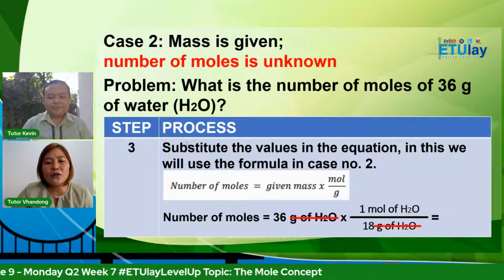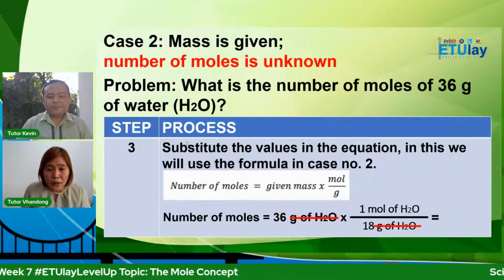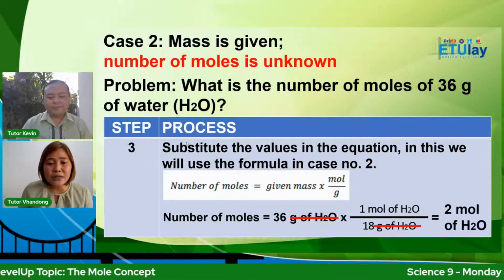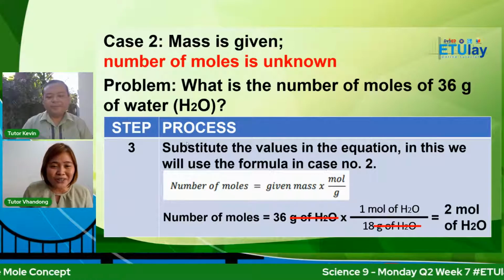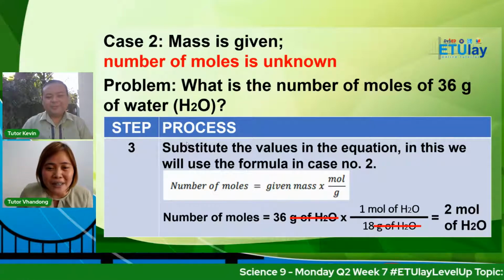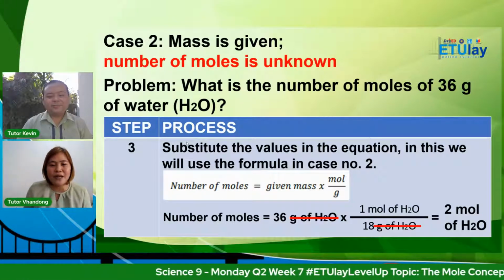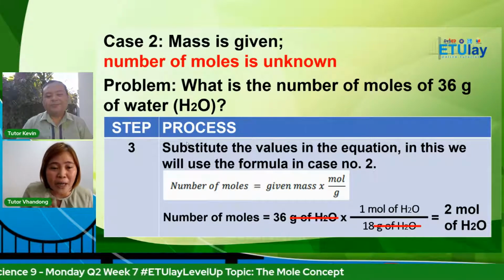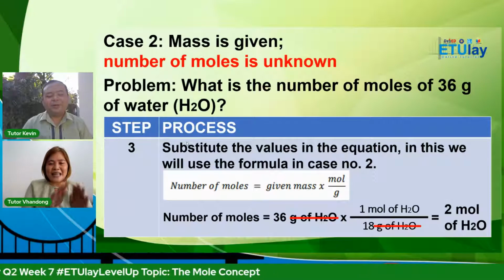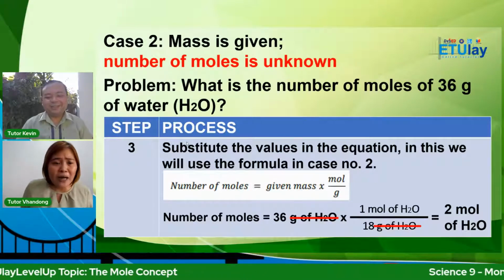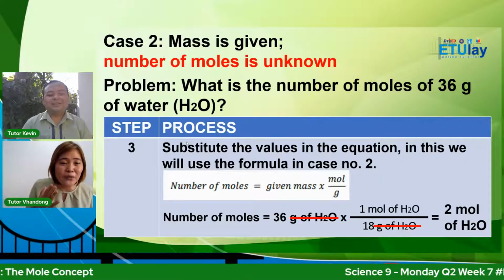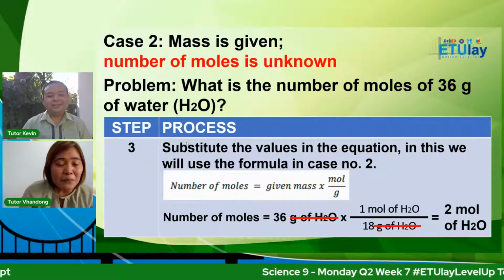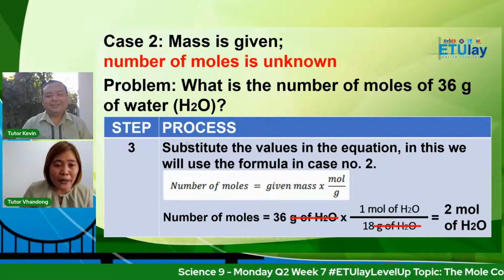So para matira yung hinahanap natin na mole, the correct answer to this is 2 moles of water, Tutor Kevin. If we divide 36 by 18, that is 2 moles of water. The remaining unit is mole. Mahalaga yung cancel para alam ng mga bata kung ano yung natitirang unit at alam nila dahil nakalagay naman dyan, ano yung unknown.